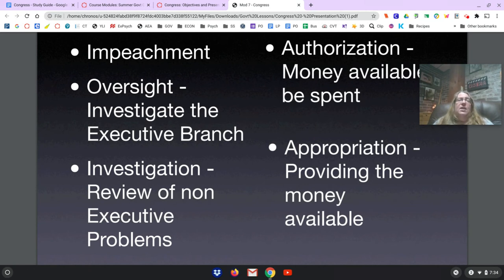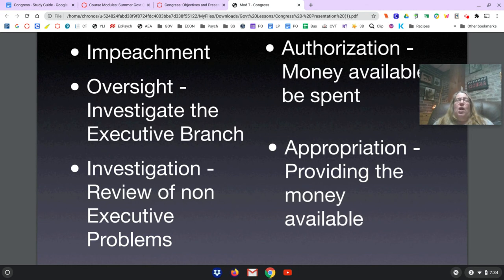So when the House of Representatives committees were looking at President Trump's involvement with Russia, that is oversight. That's an investigation of the executive branch. A simple investigation is anything non-presidential, non-executive. So if we are looking at the effects of Gulf War syndrome on vets, that would be an investigation.